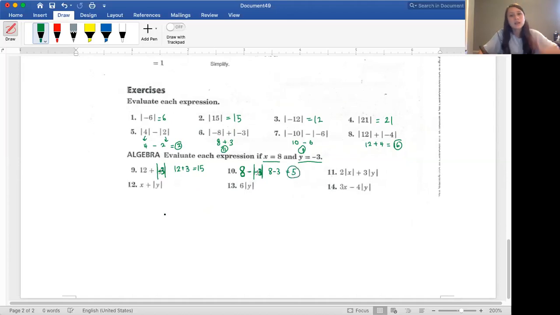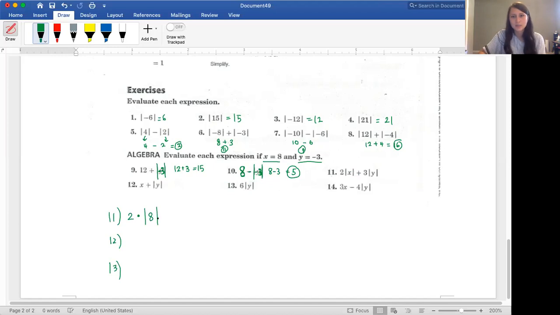All right, I'm going to label these down here, 11, 12, 13, and do these here, okay? Number 11, 2, and then over, like outside an absolute value, that means multiply. It's just like a parentheses. So I have 2 times absolute value of x, I'm jumping ahead.